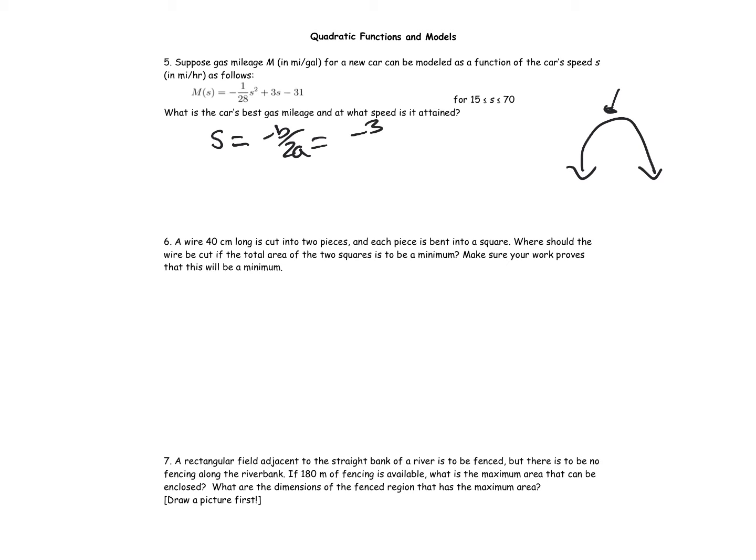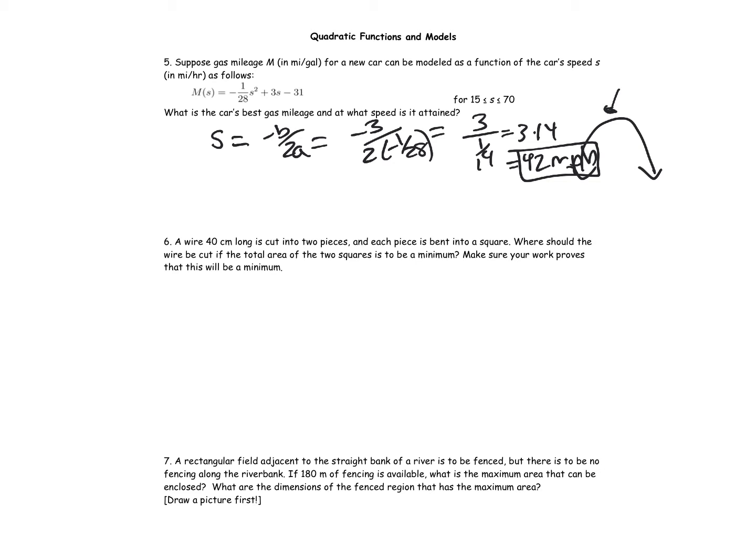So negative 3 over 2 times negative 1 over 28, and the negatives are going to cancel. So it's 3 divided by 1/14, or the same thing as 3 times 14. That's going to be 42.